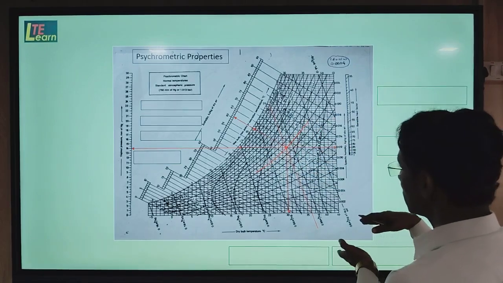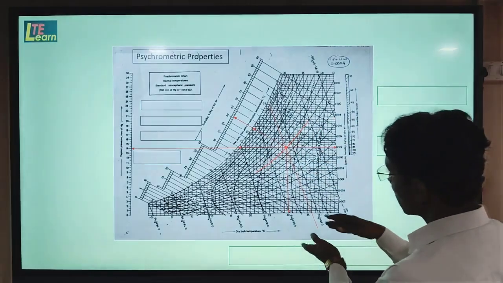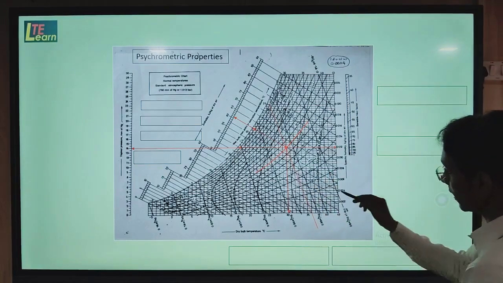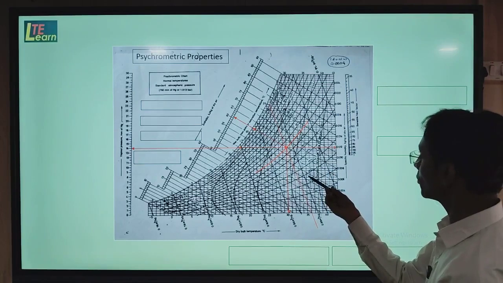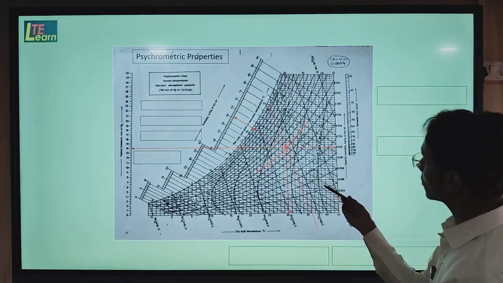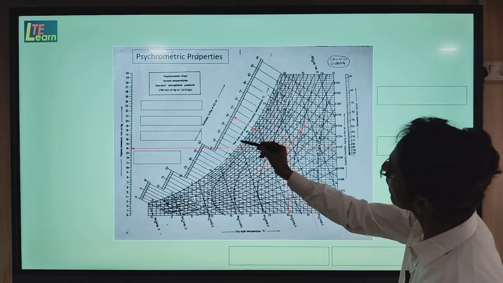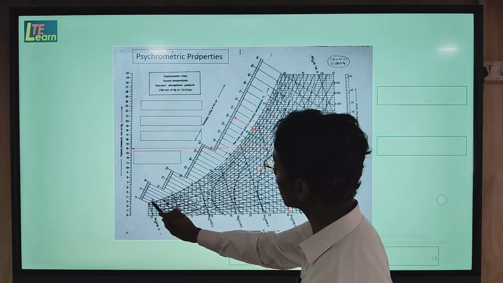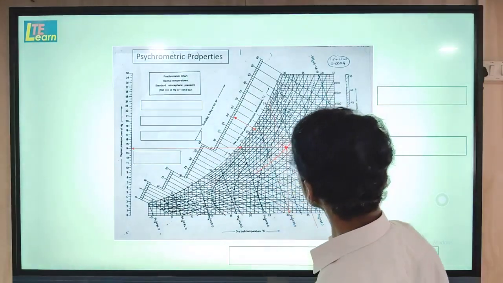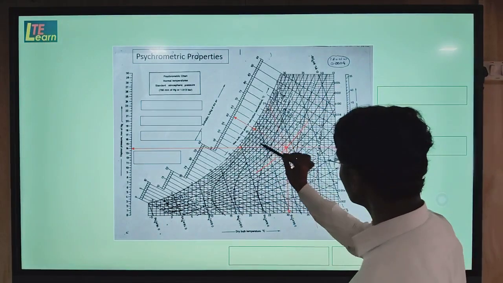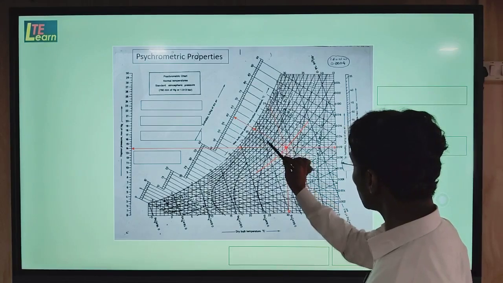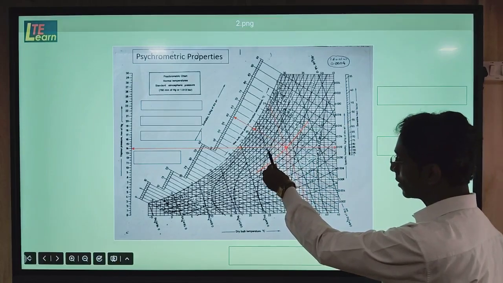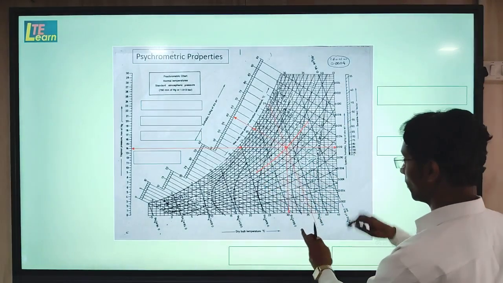Then we will find cross lines. There are two types of cross lines. A line having a slope of about 30 to 35 degrees is a wet bulb temperature line. The wet bulb temperature scale ranges from -5 to 43 degrees Celsius. Another cross line, having a steep slope, is a specific volume line.